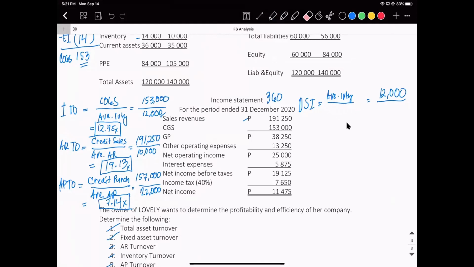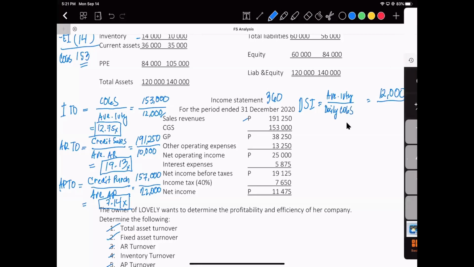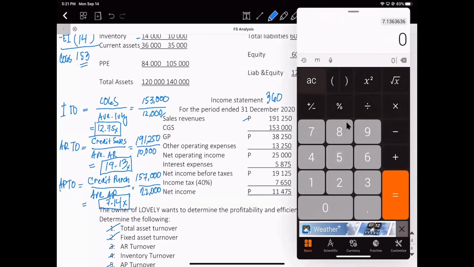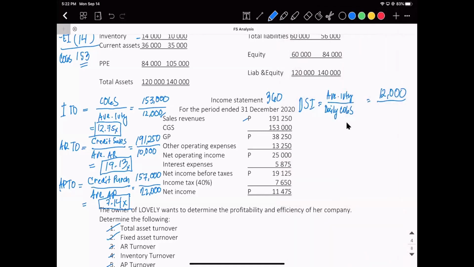Sa DSO yon, or sa accounts receivable, ang daily credit sales. So, this is daily cost of goods sold. For daily cost of goods sold, that is 153,000 divided by 360. So, this is 425. This is your daily cost of goods sold.